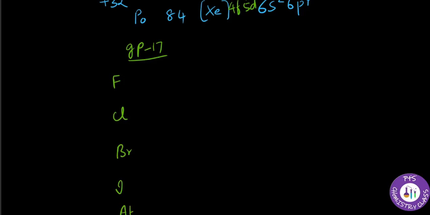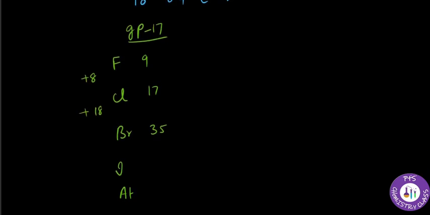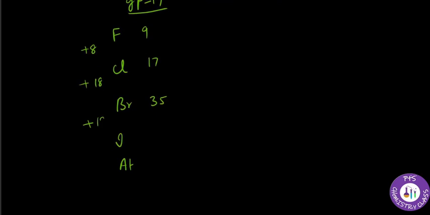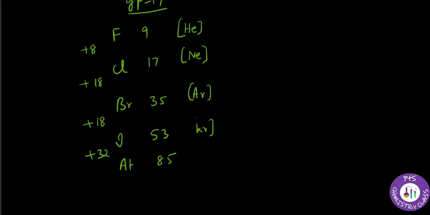So this is 9 plus 8, 17 plus 18, 35, then plus 18, 53, and then plus 32 will be 85. That's all. Then what you have to do: helium, neon, argon, krypton, xenon, radon.